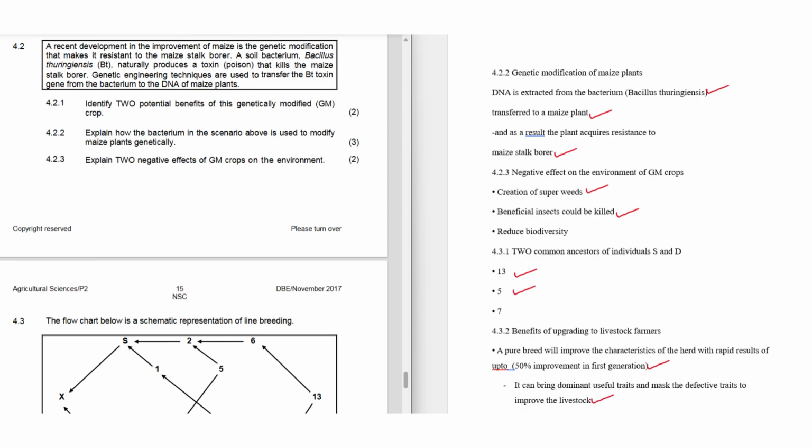4.2.2 Explain how the bacterium in the scenario above is used to modify maize plants genetically. The key there is explain how, so they want a detailed step-by-step of how this is done.